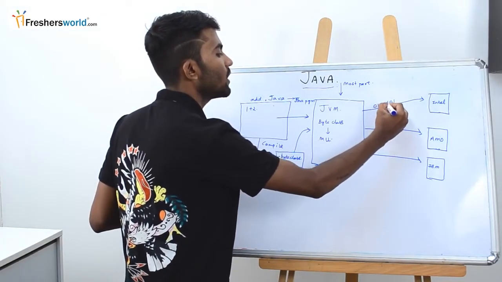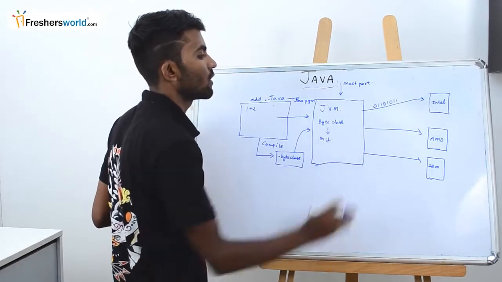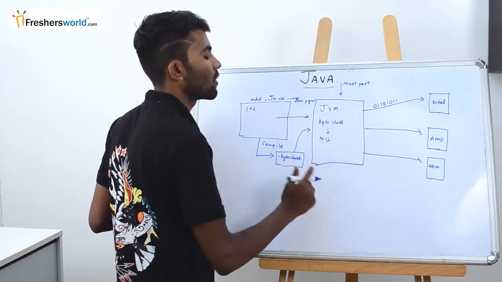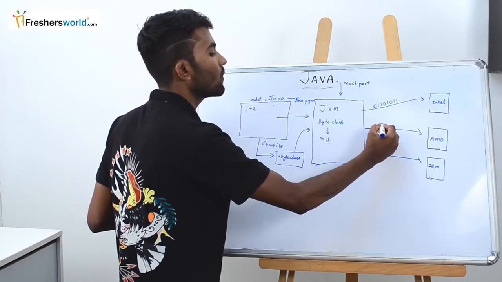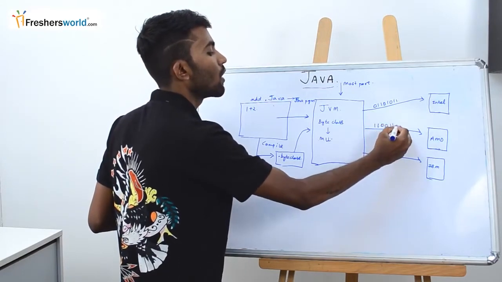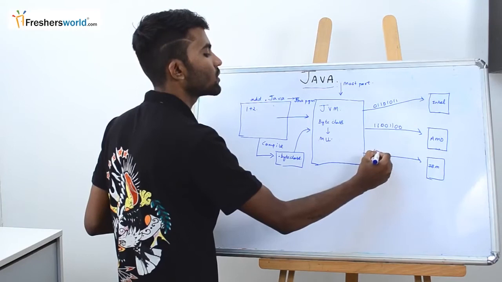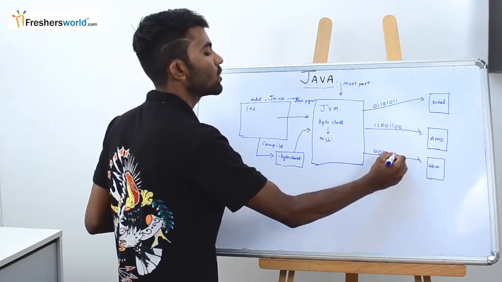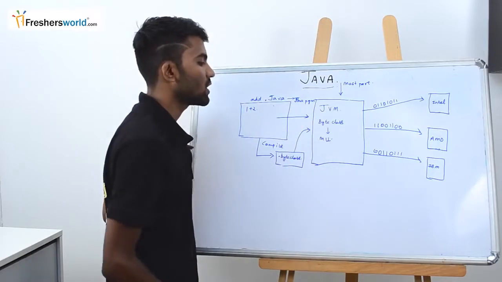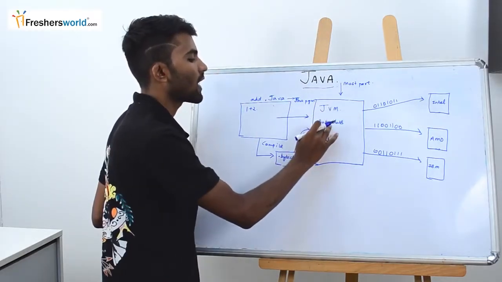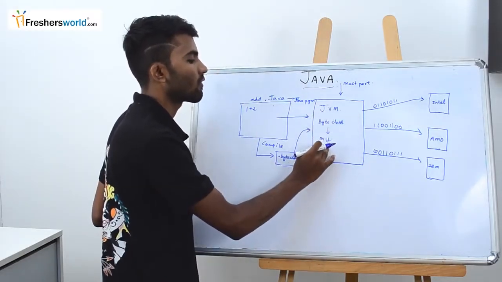So if it is 8-bit, this is the sequence of code. If it is for AMD, probably the machine level code might be 1100, 1100. For IBM processor, it might be 0011, 0011. So this might be the code. So what happens here is, whenever you give .byte class, the JVM converts it to machine level languages.